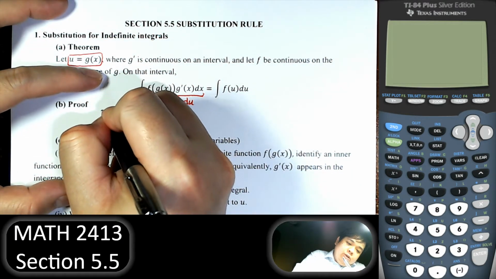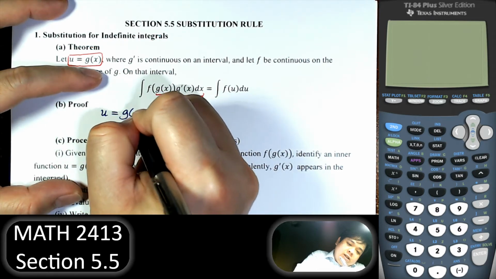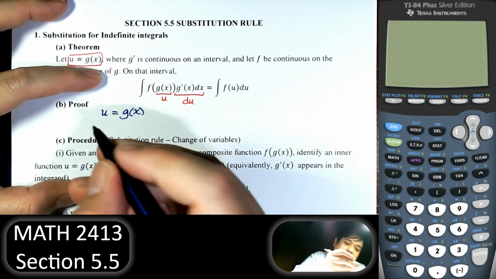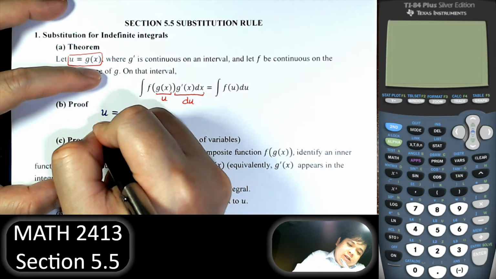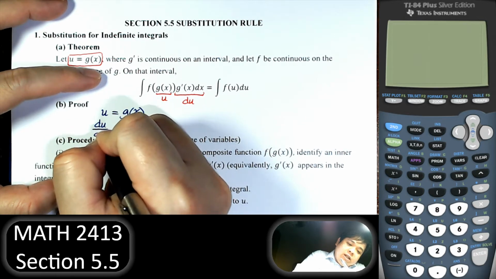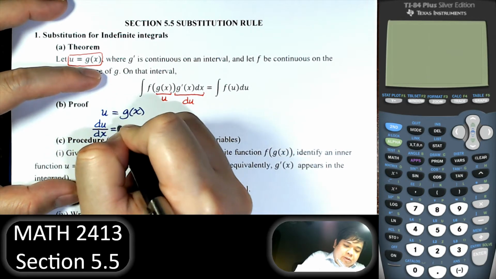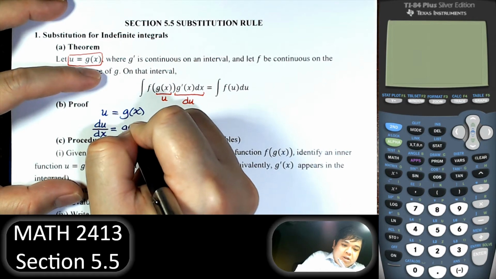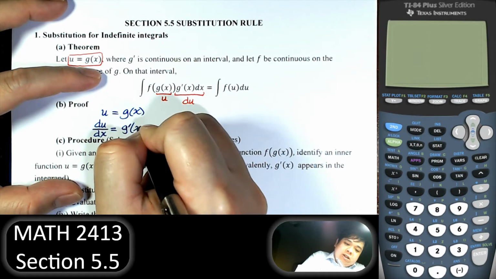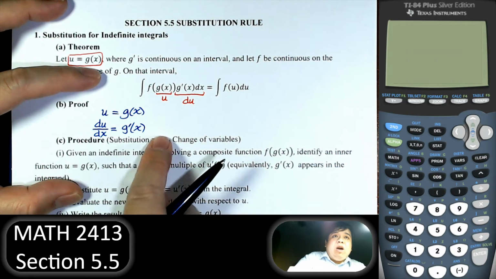If we have u equal to g of x, when we take the derivative, du over dx, we can just say g prime of x, and multiply dx on both sides.